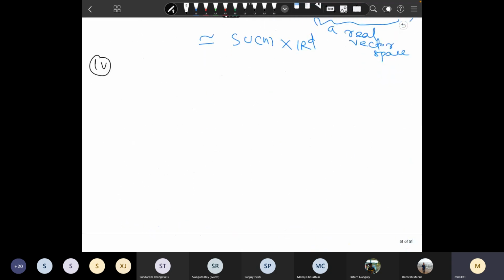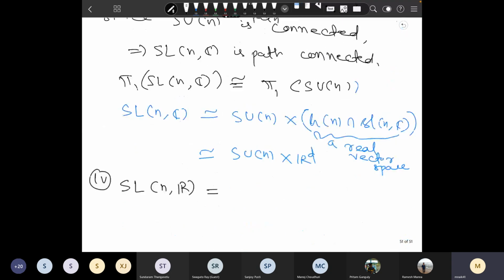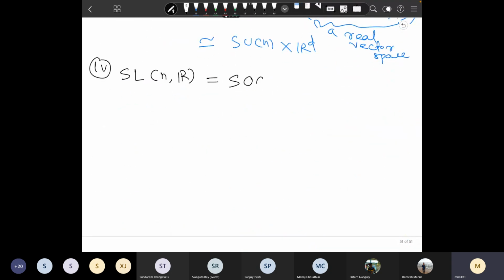So you will get SLNR, and you do exactly the same way. This is SON times e to the power small SN intersection small SLNR.